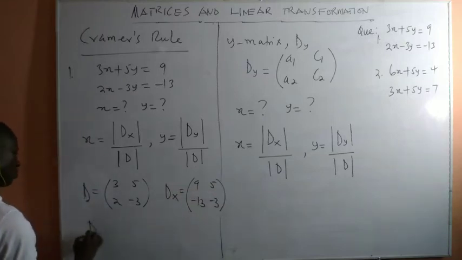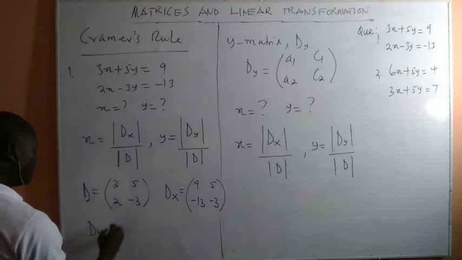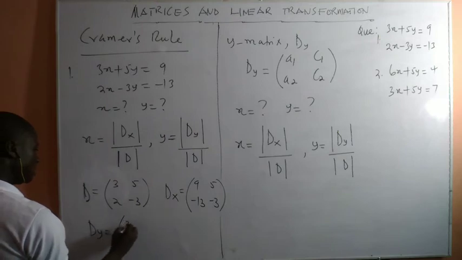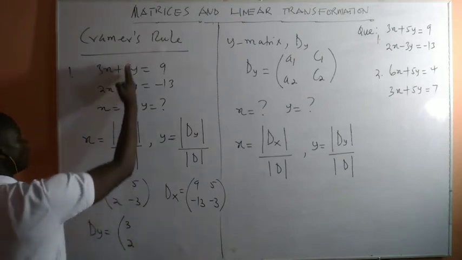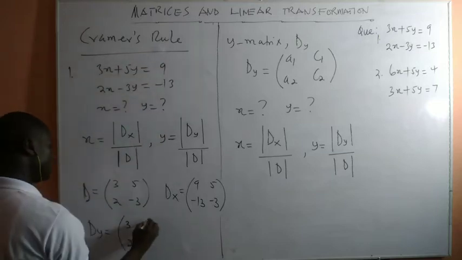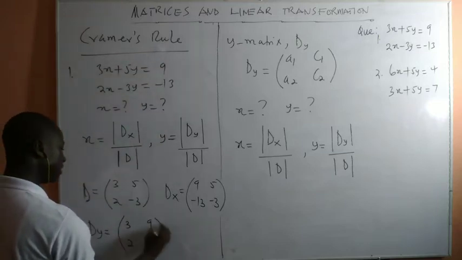Now, how do we find Dy? For Dy, we maintain the coefficient of the x, that is 3, 2. But the coefficient of the y is replaced by the constants 9, minus 13.